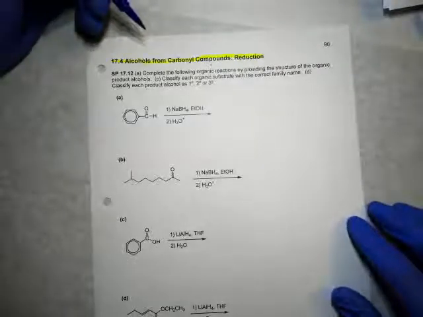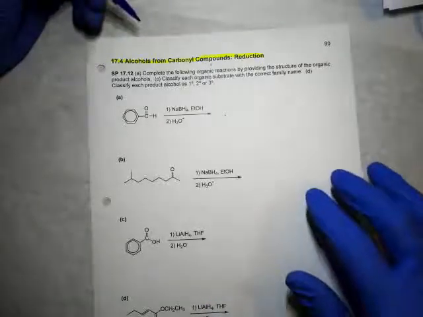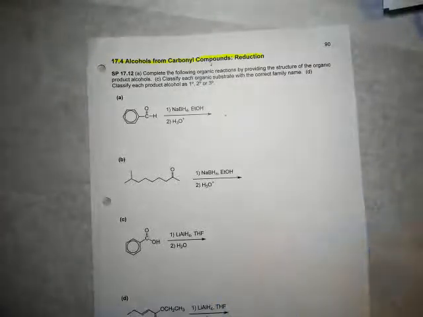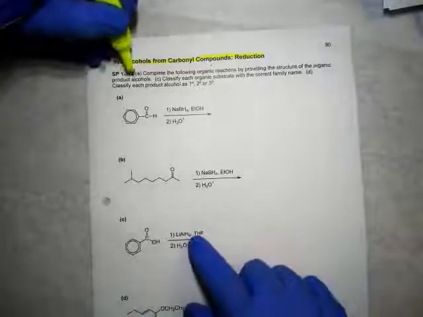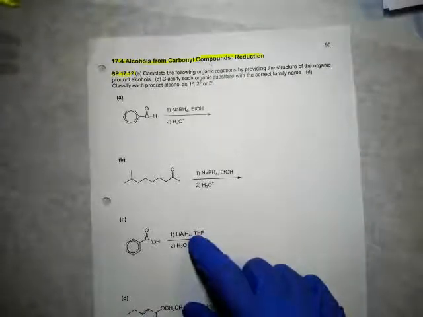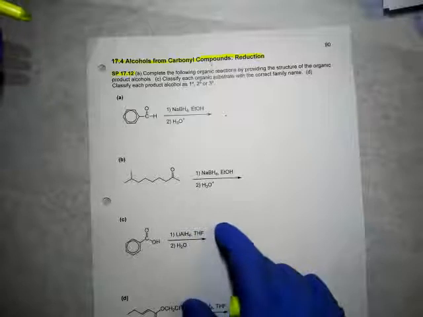So in the case of reduction, we're going to use reducing agents. What does that mean? That we're going to establish carbon-hydrogen and oxygen-hydrogen bonds. Alright, so this is a two-pronged problem in that we're going to see first of all how to convert compounds into alcohols. And then after that, we're also going to look at classifying these particular alcohols as being primary, secondary, and tertiary.